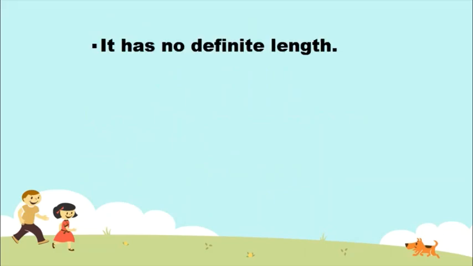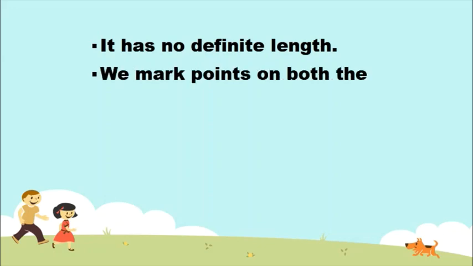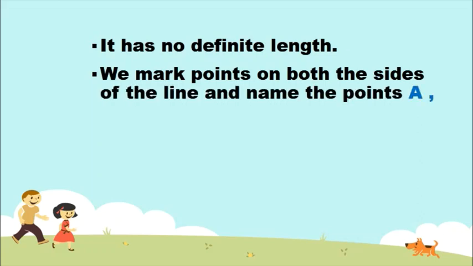What does it mean, children? It means that we cannot measure the line as it can be extended from both the sides. We mark the points on both the sides of the line and name the points with capital letters A, B and so on. Where did we mark?